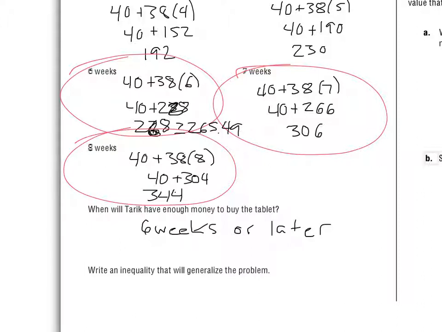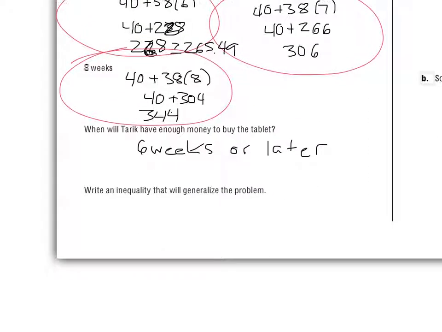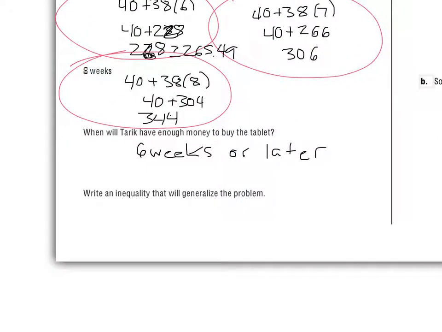We're not looking for a specific time, we're looking for any amount of time, and this is why we're going to write this as an inequality where he will have enough money. So we want to write an inequality that will generalize this problem. We need an inequality symbol. We know how much money he makes each week. So we have 38 times W plus the $40 he already has.